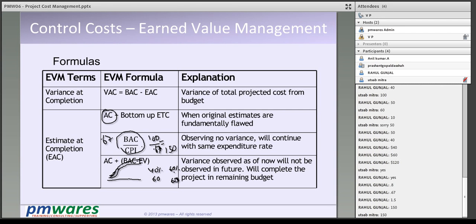Now I do not see any such variance. I will achieve the remaining 60% of the work in the estimated cost, that is 60% in $60. So in this case, the EAC will come out to be 120. Correct? 60 I have already spent, 60 I am estimating. That is AC plus BAC minus EV.